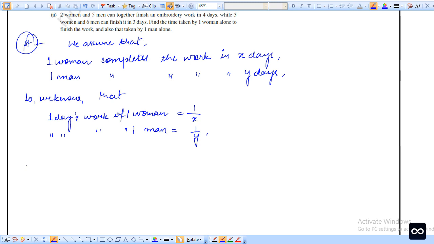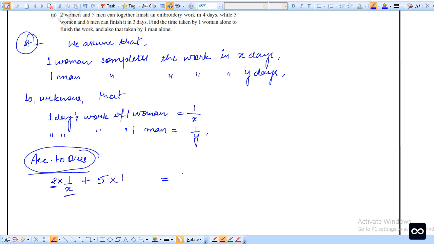Now how to form the equation? According to the question, what we have here is, we have two women and five men can complete the same work in 4 days. So if we multiply it by 1 by X, this will be two women's 1 day's work, right?